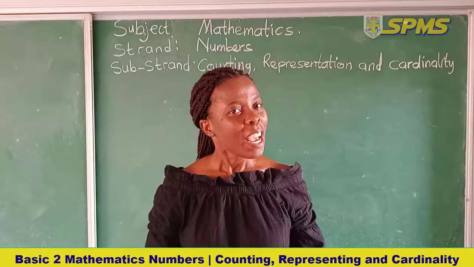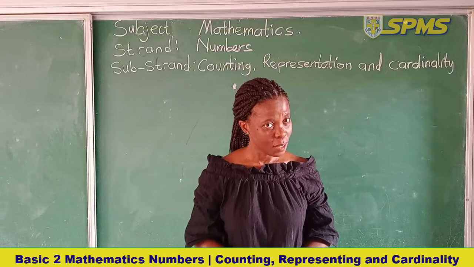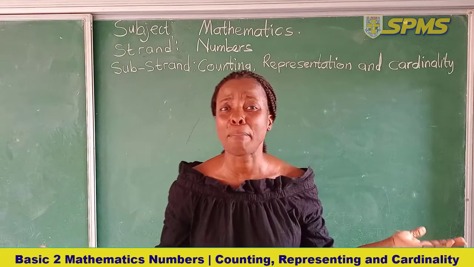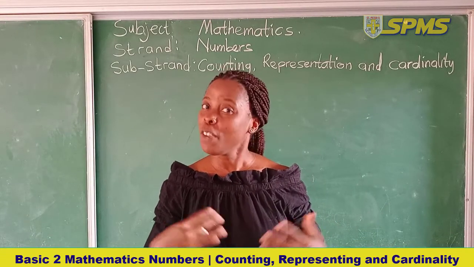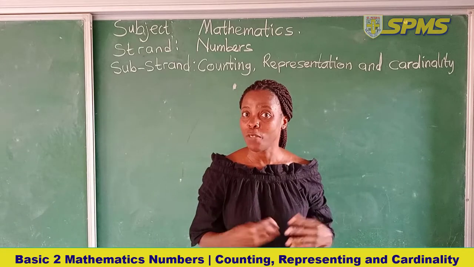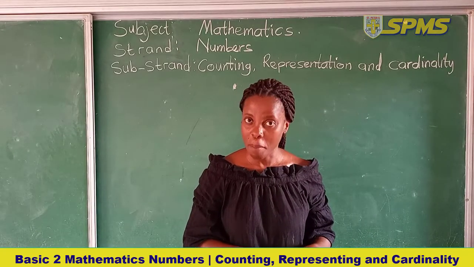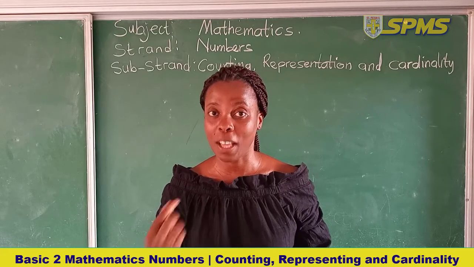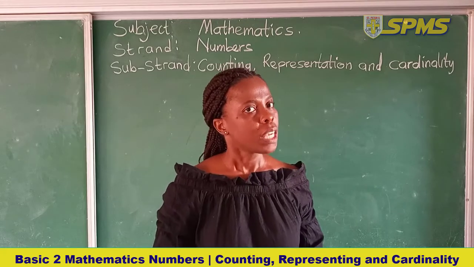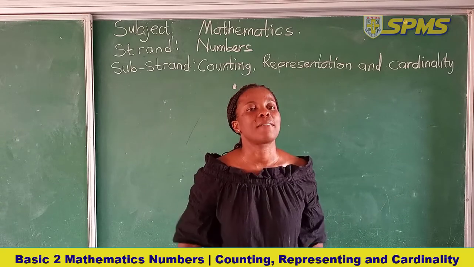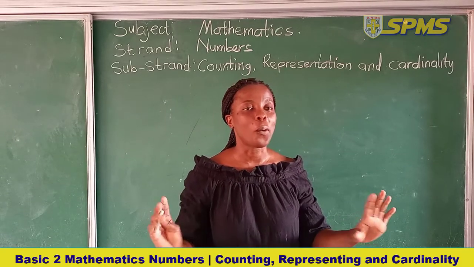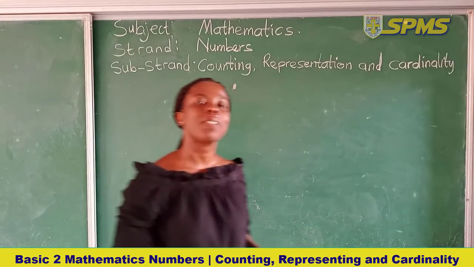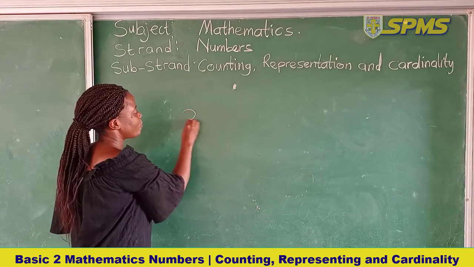Very good. From our previous lesson, we learned how to count numbers up to 100. We even know how to write the number names of these numbers. Do you remember? We even talked about the ordinal numbers. Good. Give me examples of numbers. Any number at all. Okay, let's have 34.